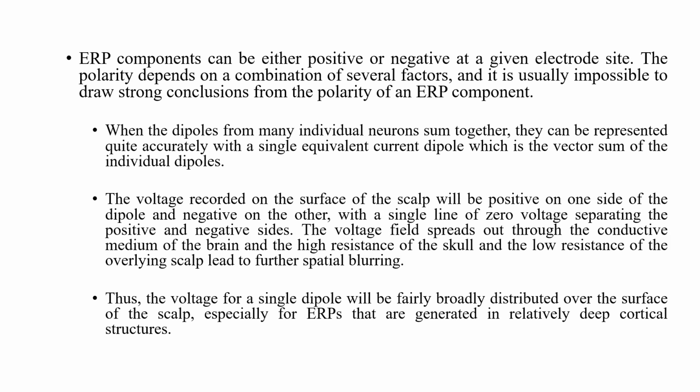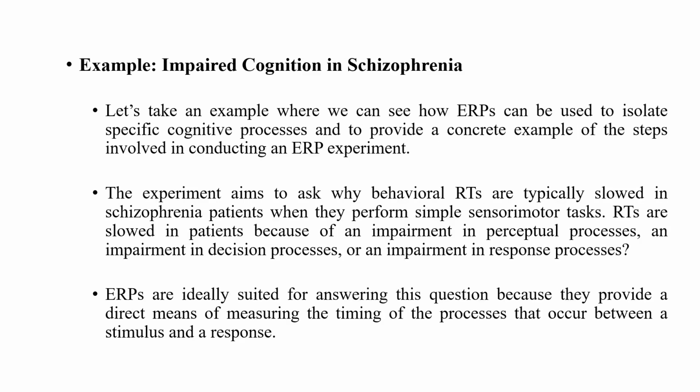This voltage field spreads out through the conductive medium of the brain, the high resistance of the skull and the low resistance of the overlying scalp, leading to further blurring. Thus, the voltage for a single dipole will be fairly broadly distributed over the surface of the scalp, especially for ERPs generated in relatively deeper cortical structures. So, that is why the signal is relatively weak and it needs to be amplified.